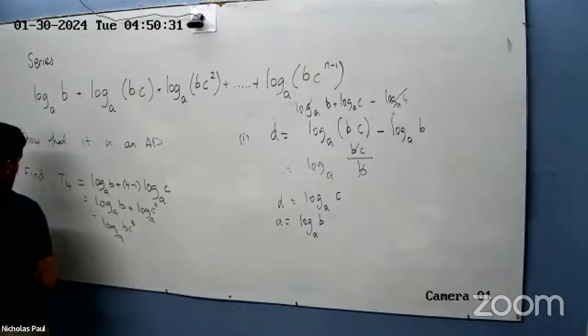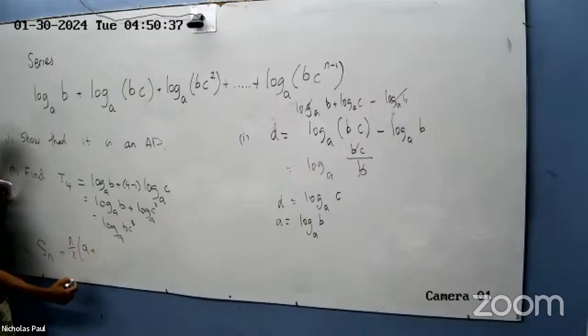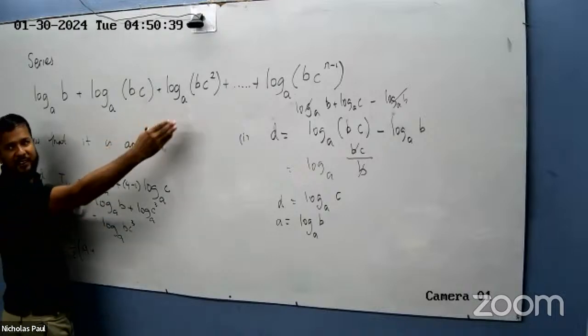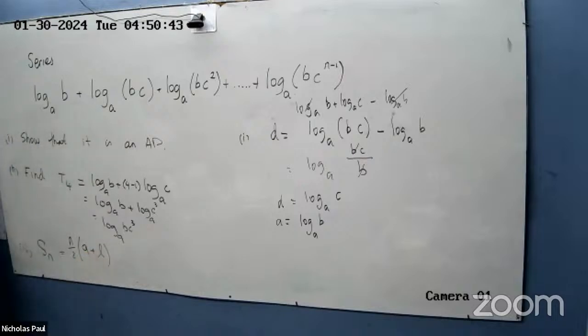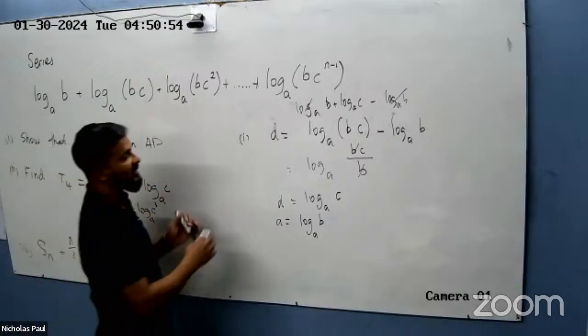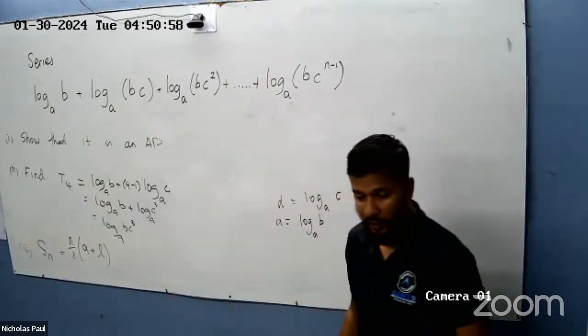N on 2 by A plus... actually, we know the last term, so use that version. Plug in the first term, last term, and let's simplify. Look, we have the last term right here.